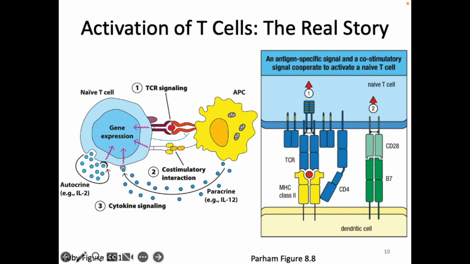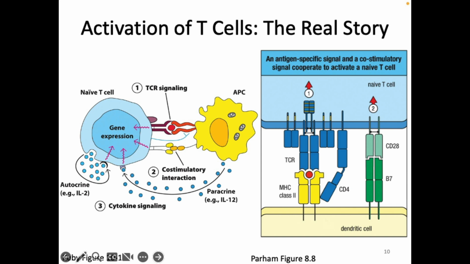The take-home message that you will see on subsequent slides is that in order for a T cell to be activated, and specifically in order for a naive T cell to be activated, so the T cell has never seen signal before, it's getting turned on for the first time, that T cell requires signal 1 and signal 2.